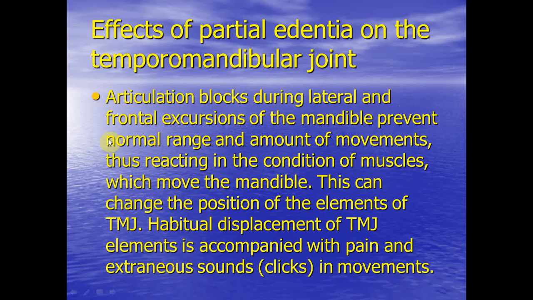Articulation blocks during lateral and frontal excursions of the mandible prevent normal range and amount of movements, thus affecting the condition of the muscles which move the mandible. This can change the position of the elements of the TMJ. But to prevent this condition, sometimes our patient finds a different position of the mandible, which is different from the normal position, but in this position there are no excessive contacts of teeth.